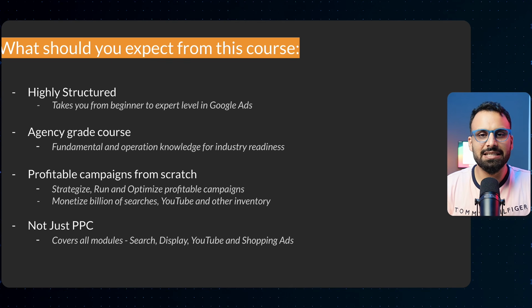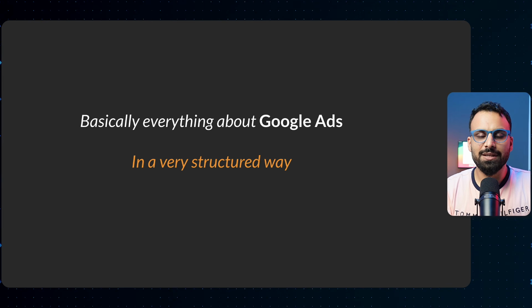When I say strategize, it means looking at a client or advertiser, you will be able to decide what should be the structure of the ad accounts? What should be the structure of the campaigns? What should be the structure of ad sets? What should be the media mix? How much should we spend on retargeting? How much should we spend on search ads or performance max or display campaigns? So basically everything about Google Ads in a very structured way.